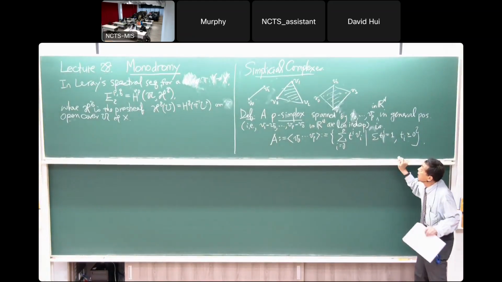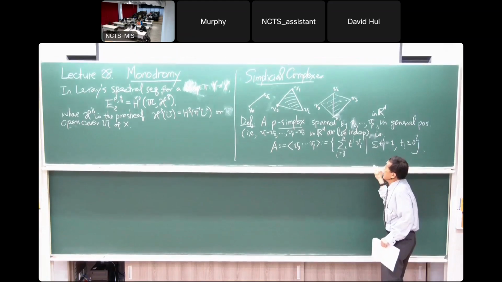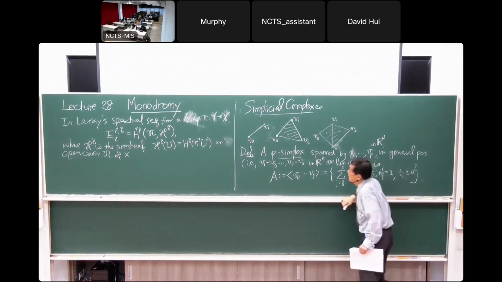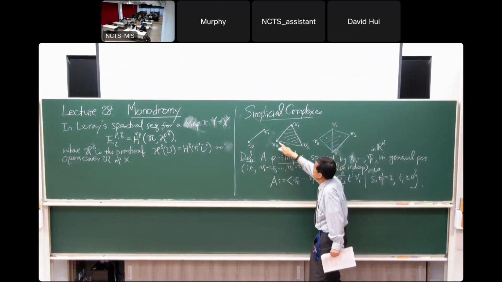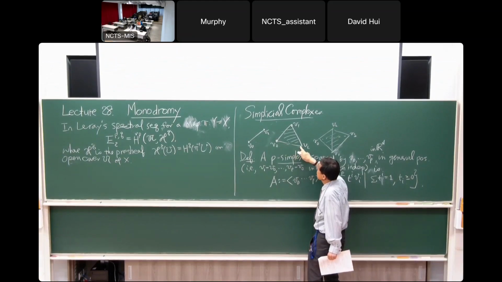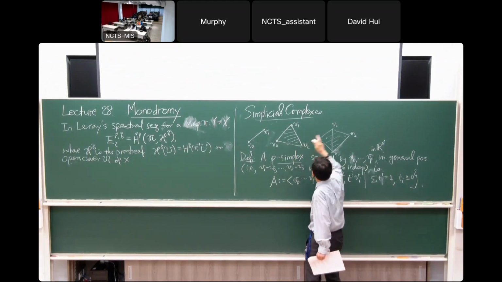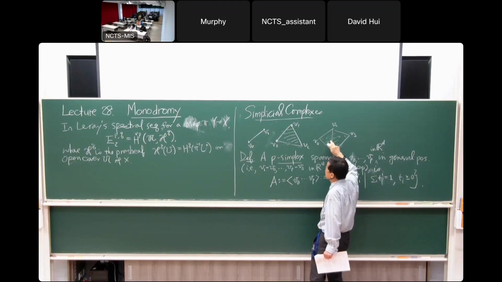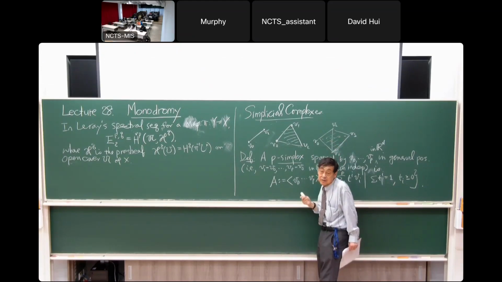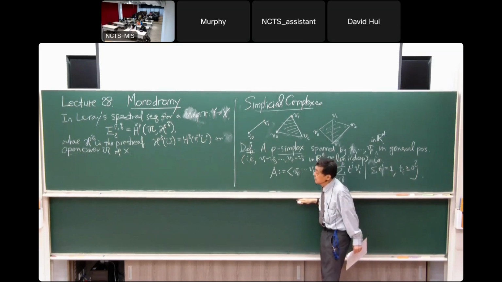Now, a face of a simplex, like this is a face of this simplex, or this is a face of a tetrahedron, is just a simplex spanned by a subset of the vertices.